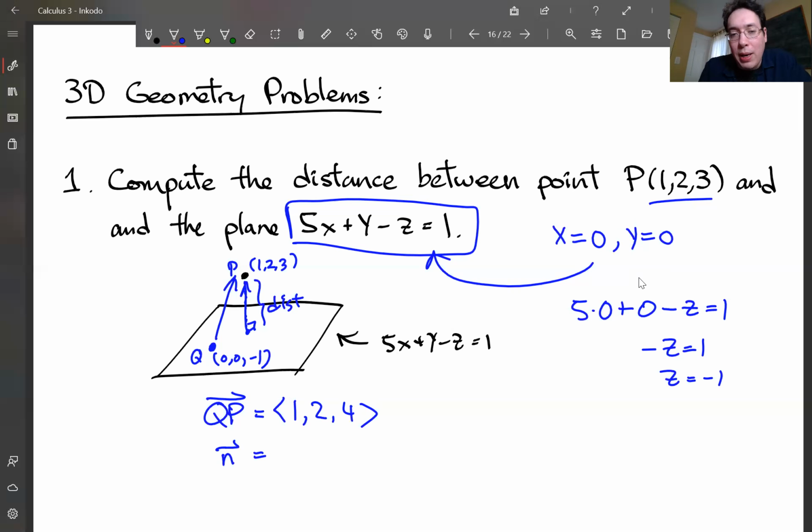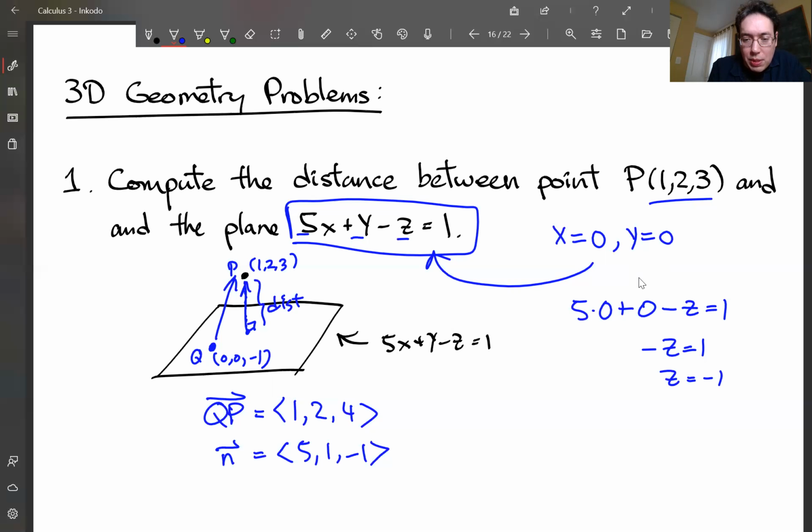And I know the normal vector for the plane are the coefficients of x, y, and z in the equation of the plane. So 5, 1, negative 1. And here, I want to cast a shadow of the vector QP onto the normal vector.